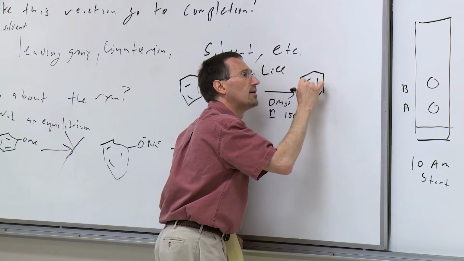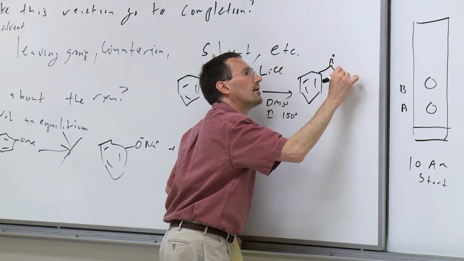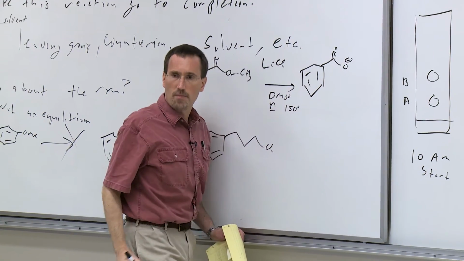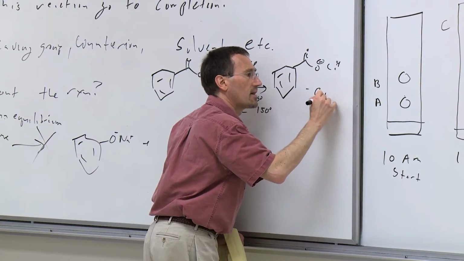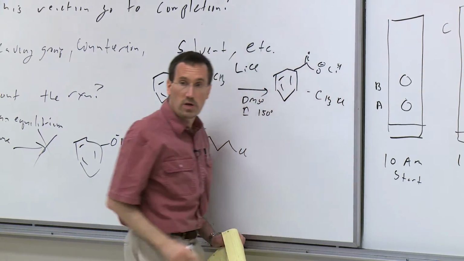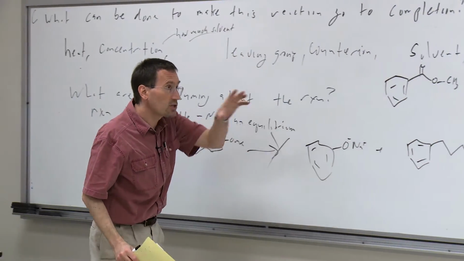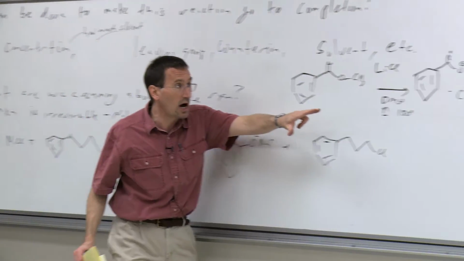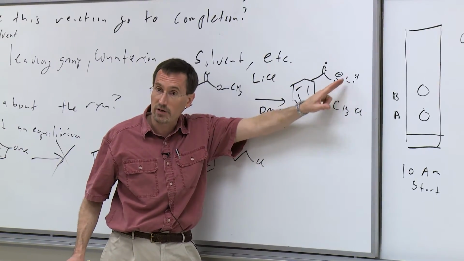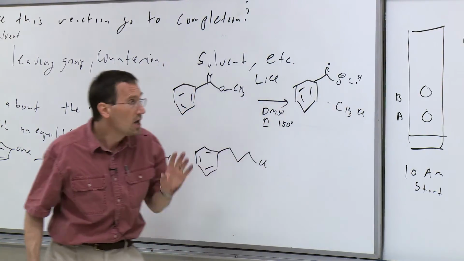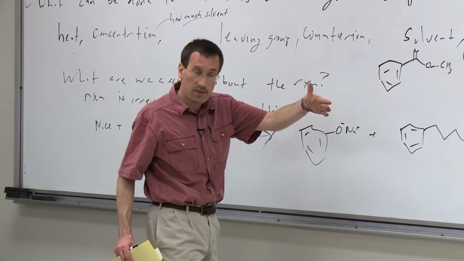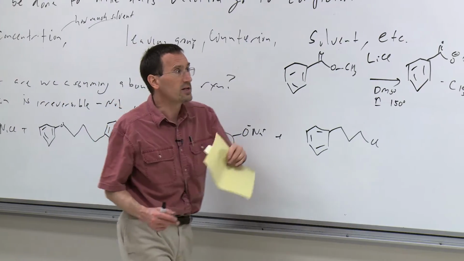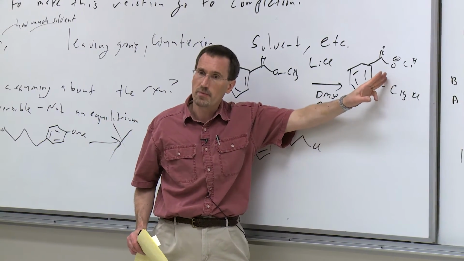And you would get the carboxylate lithium salt and methyl chloride. So at first glance, you might say, oh, that's the exact reverse of a nucleophilic attack of the carboxylate on methyl chloride. There are a few differences here. One, we're talking very extreme heating. Another big difference is if you think about leaving group ability.